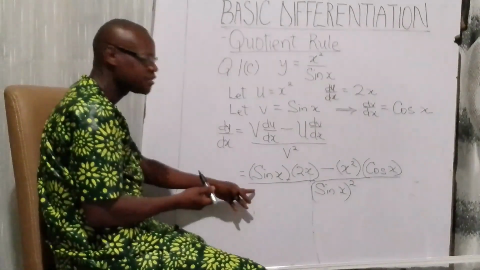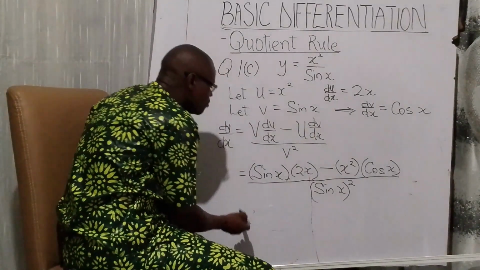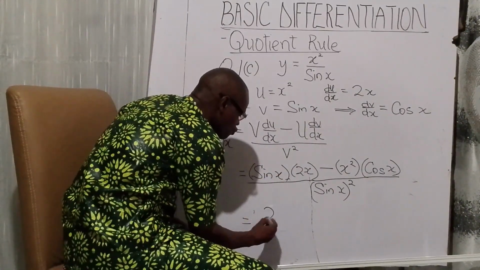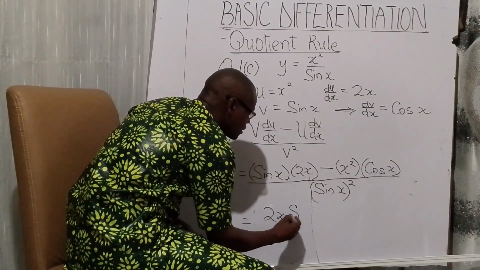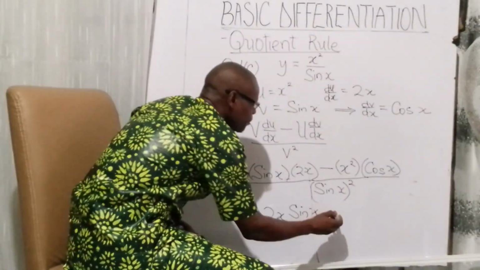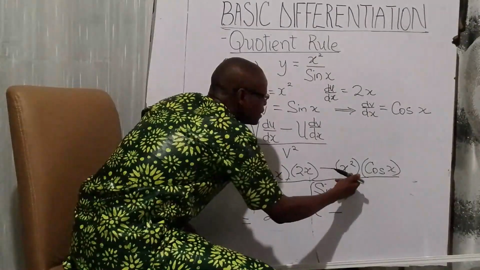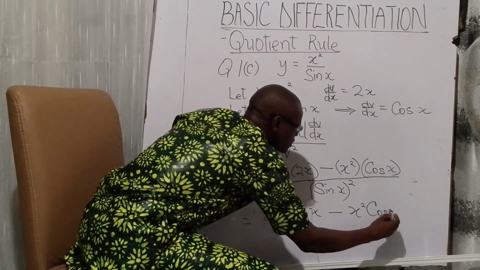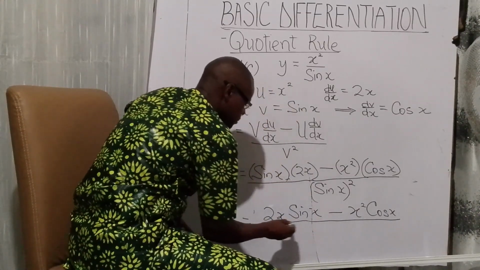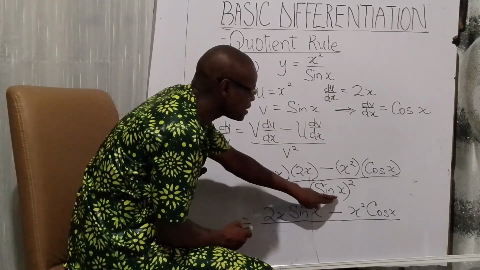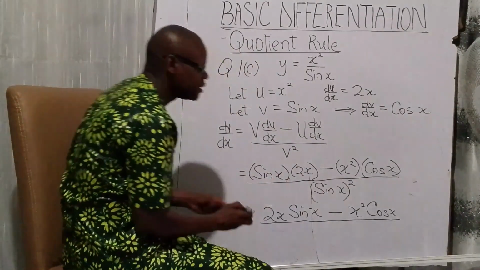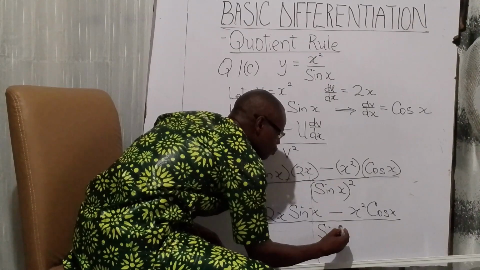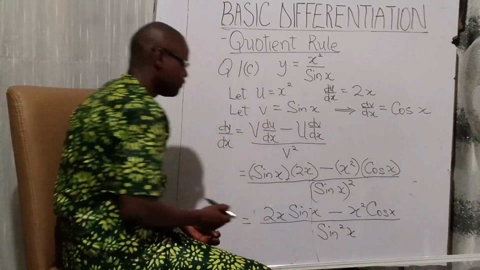So let's try to simplify this further. When we remove the brackets, multiplying 2x and sine x gives us 2x sine x, minus multiplying x squared and cos x gives us x squared cos x, divided by sine x raised to power 2, which can also be written as sine squared x.